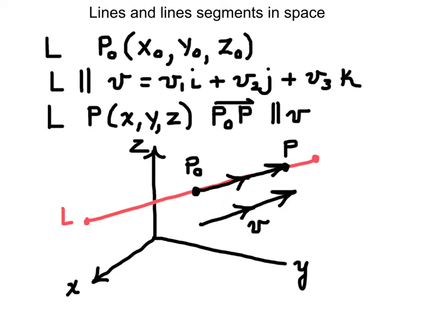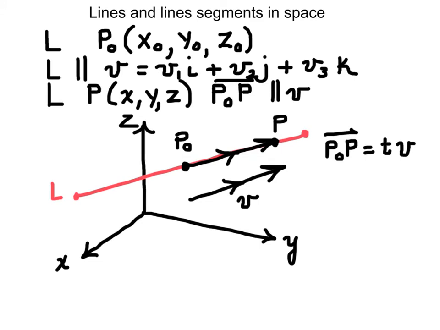So if P naught P as a segment is parallel to vector v, then we can say that the vector P naught P is equal to t, which is a scalar, times vector v. The value of t depends on the location of the point P along the line.